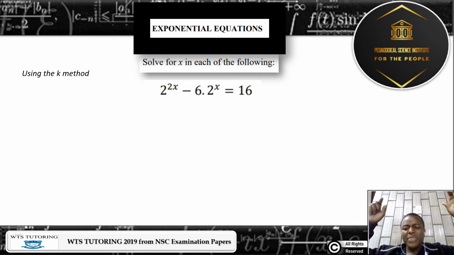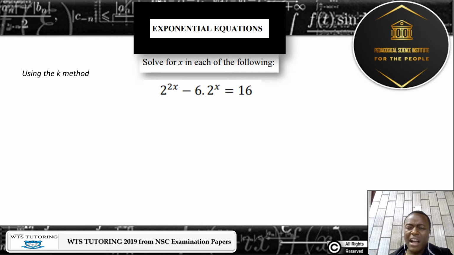They don't relate properly. They don't have the same coefficient. Look, the first term is 2 exponent 2x, right? But if you go to the second term, it's minus 6 times 2 exponent x. Now the exponents of those unknowns are not the same. Now you have to think of the K method.